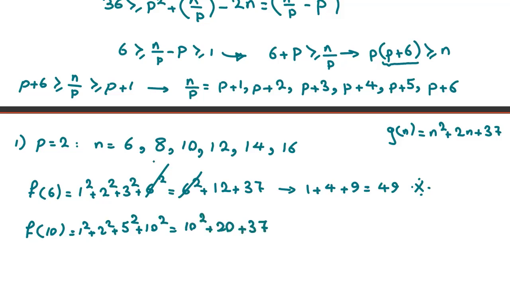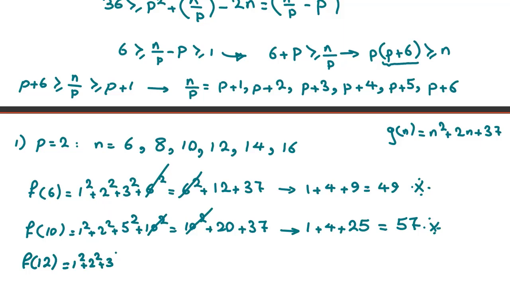We want to check for which of them f of n equals g of n. 10 squared will be cancelled. The left hand side is 1 plus 4 plus 25, which is 30. The right side is 57. Again, contradiction. f of 12 is what? It is 1 squared plus 2 squared plus 3 squared plus 4 squared plus 6 squared plus 12 squared, which should equal 12 squared plus 2 times 12, 24, plus 37.